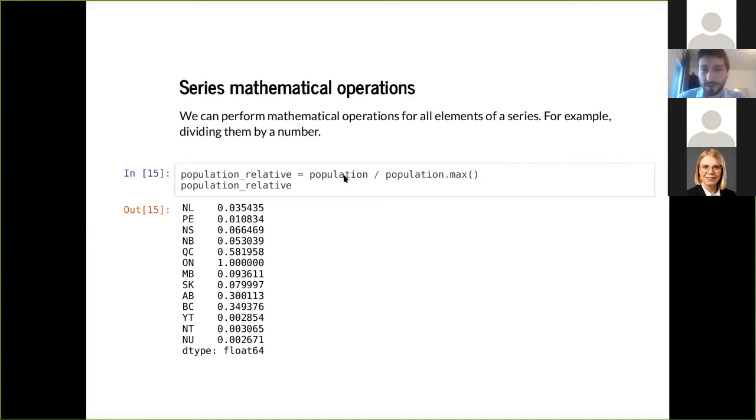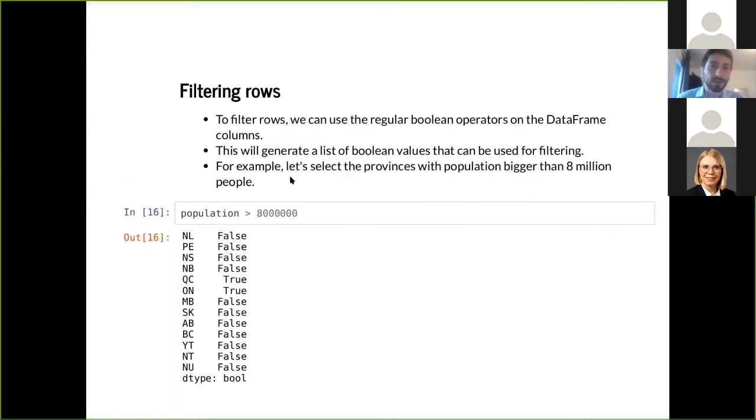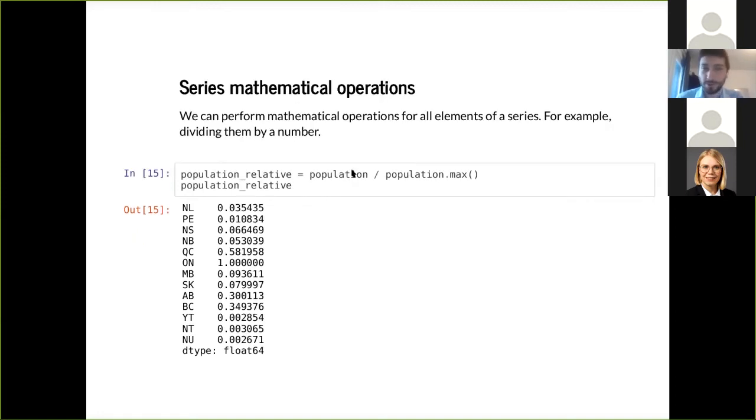And I'm dividing each element of the series by this number. So if I print population relative here, you'll see now that all populations are relative to Ontario's population, which is 1 now. So you can do all sorts of mathematical operations to your series. A common mathematical operation that I do in my series, well, I have a CPU time column sometimes, and I want to convert between minutes and seconds, for example.